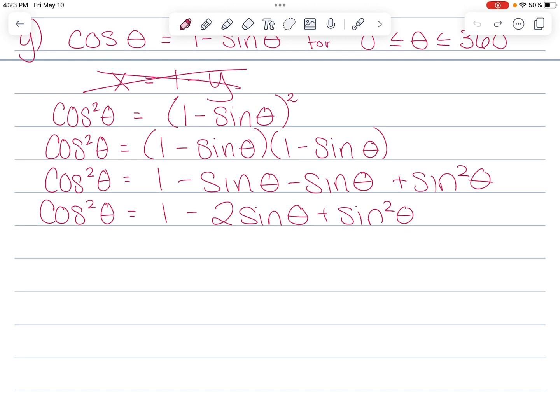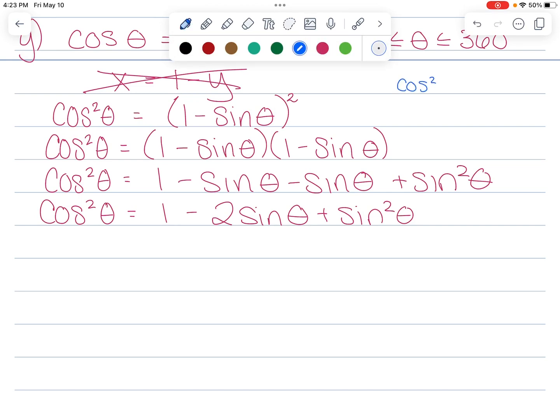So that's not helpful. So instead, I'm going to focus still on the identity that puts sine and cosine squareds together. So off to the side, I'm just writing this. This is my identity. I'm noticing I've got sines, and I've got cosines. But that cosine is squared.